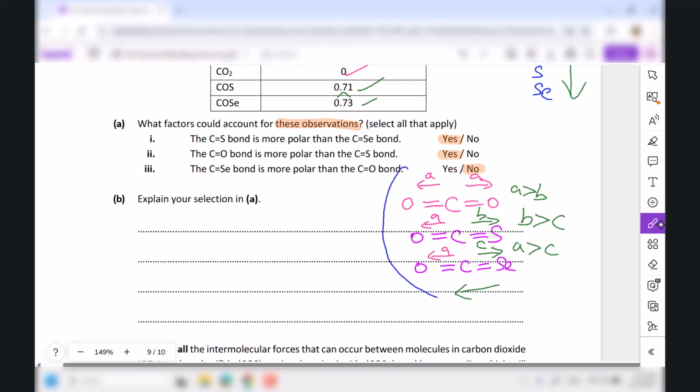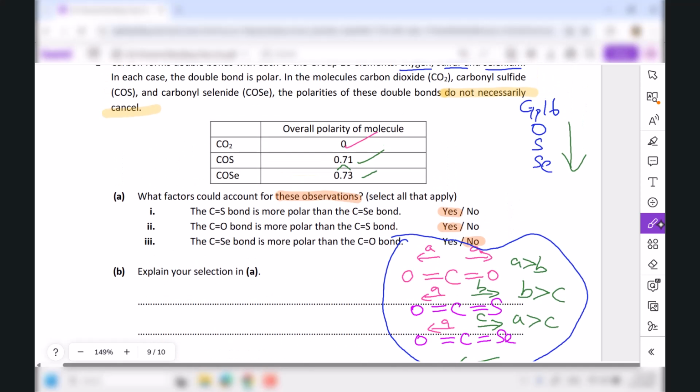Okay, something like what I've done, because I think this approach will make the reader understand what you are trying to convey more easily. And then if you can have something like this will help as well, or you can write it out in words to highlight that electronegativity value decreases down the group, and therefore as you go down the group, the CO bond becomes less and less polar.